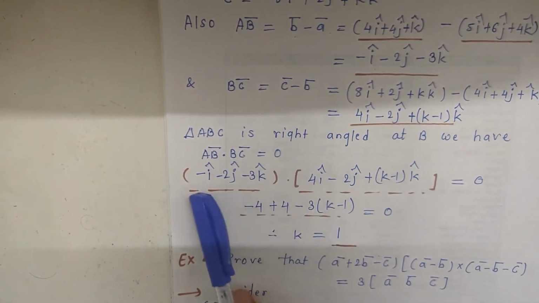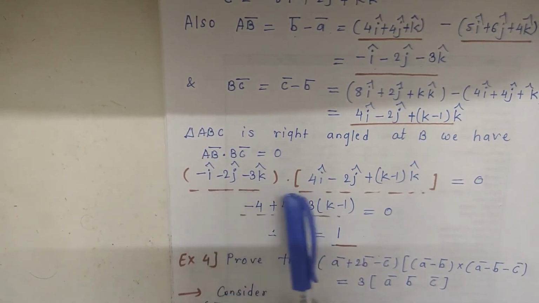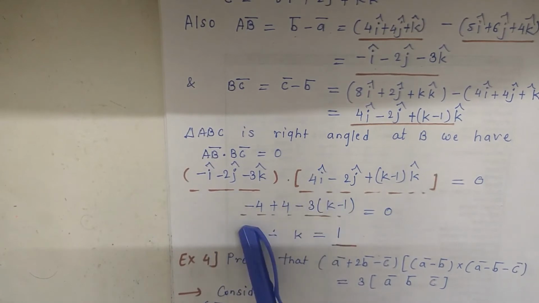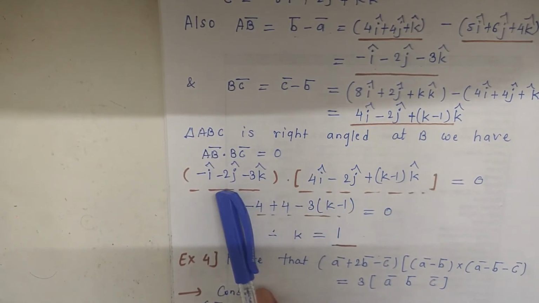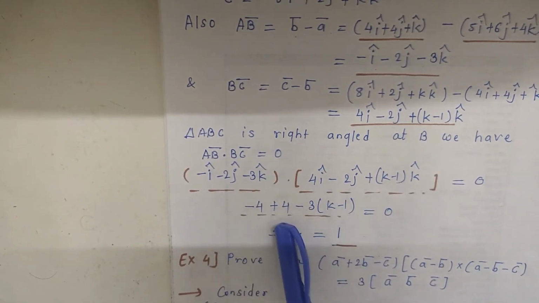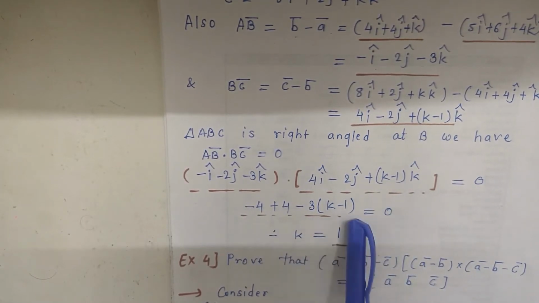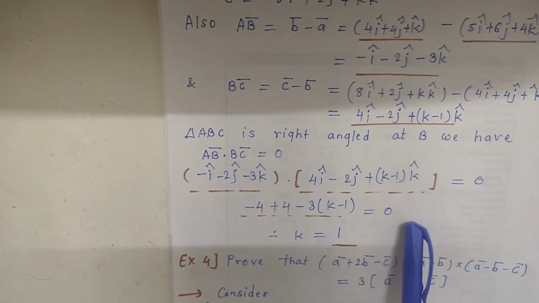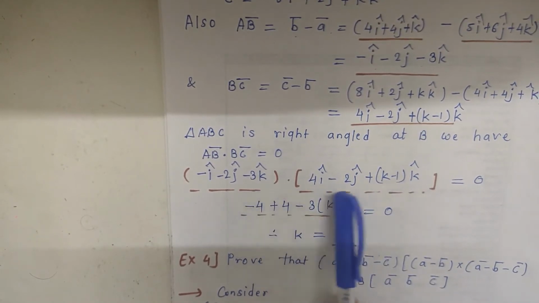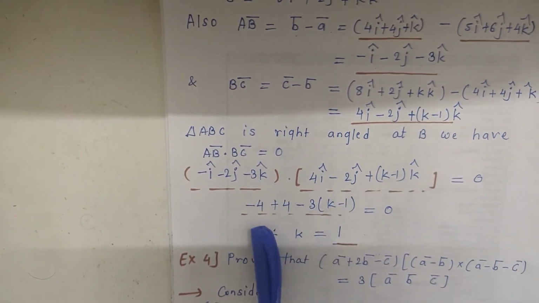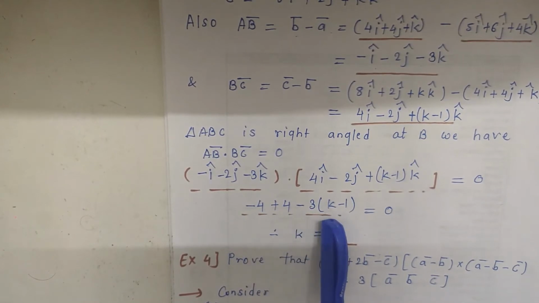Solving these two brackets, the product of the coefficients of the same unit vector: minus 1 into 4 is minus 4. Next product, minus 2 into minus 2 is plus 4, and minus 3 into k minus 1, is equal to 0. The dot product of these two vectors is equal to minus 4 plus 4 minus 3 into k minus 1.